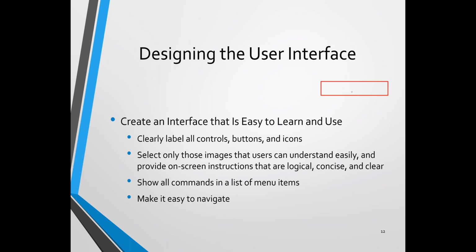Okay. And show all commands in a list of menu items. That means you should also have lists of menu items so that users can see all the commands that can be used in order to control that system.